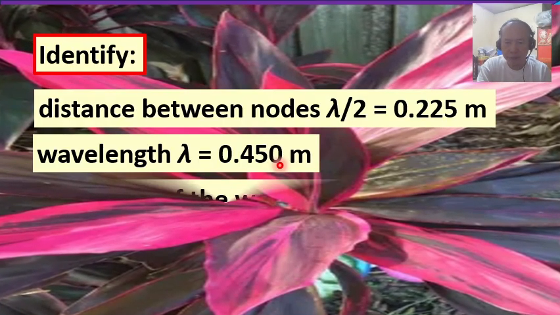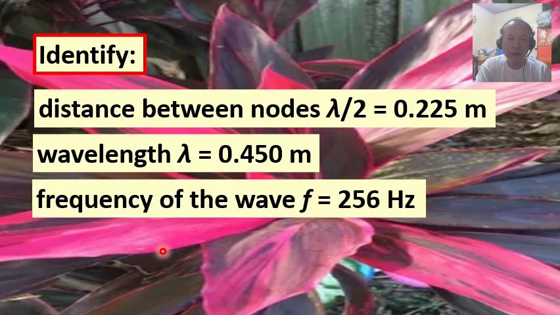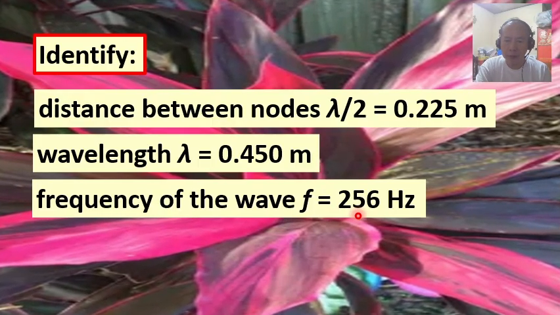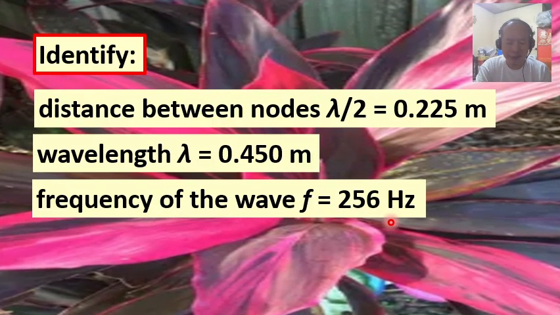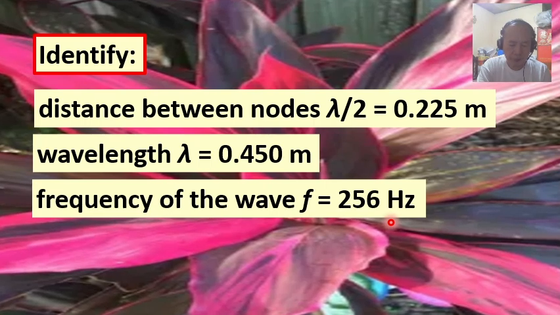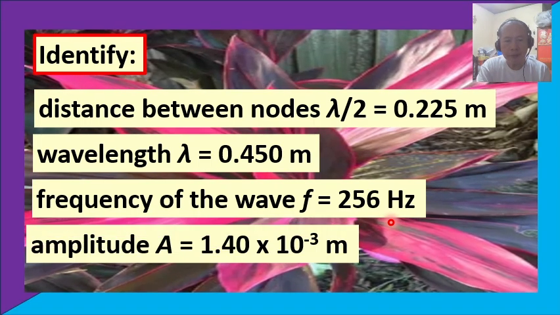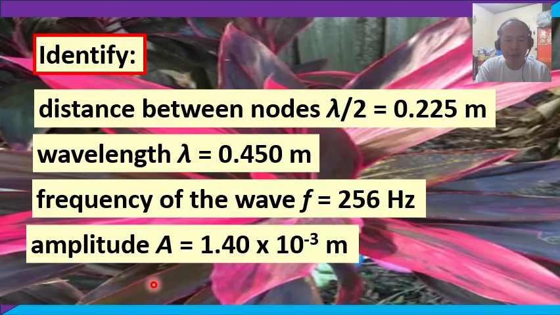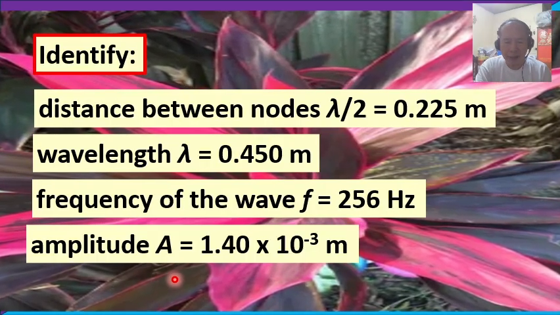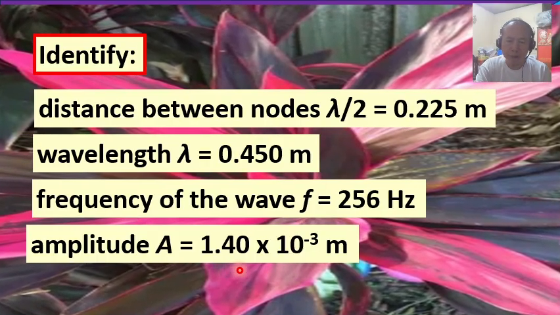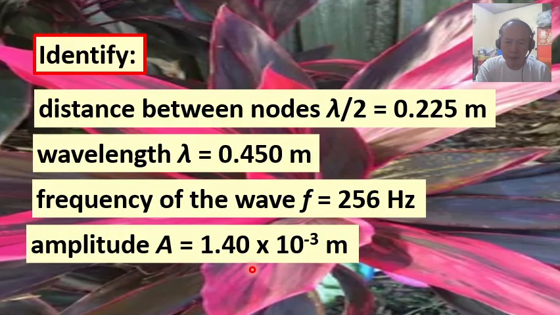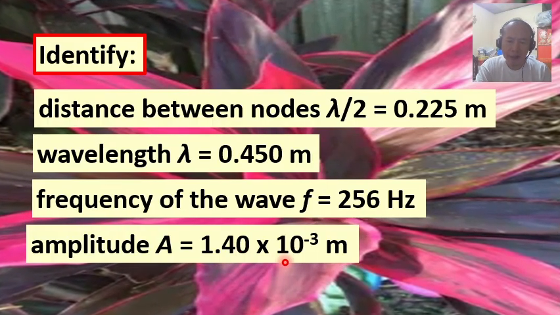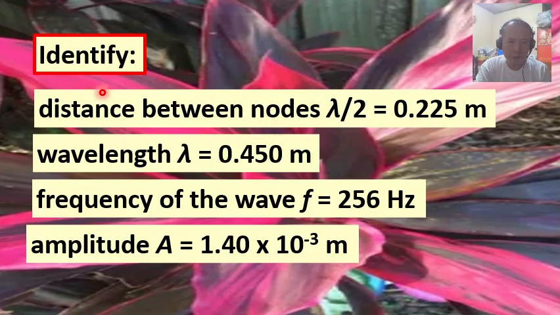In addition, we are also given the frequency of the wave, small f, equal to 256 hertz. Likewise, we are also given the amplitude, capital A of the wave, equal to 1.40 times 10 raised to the negative 3 meter.